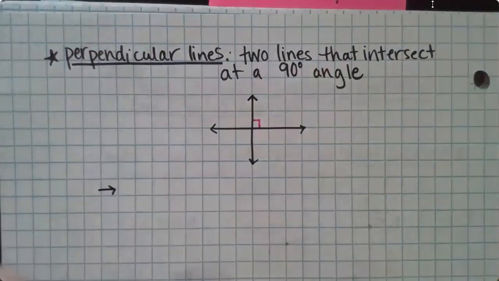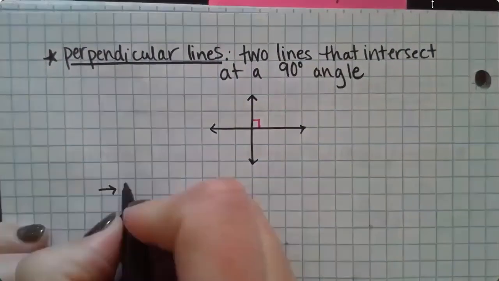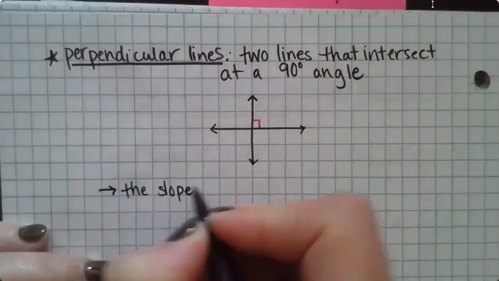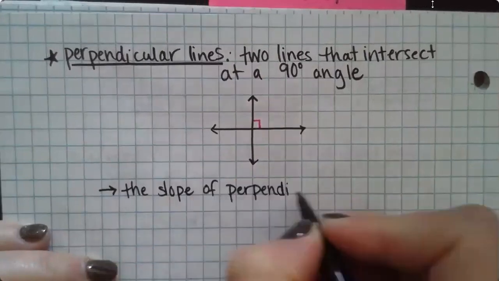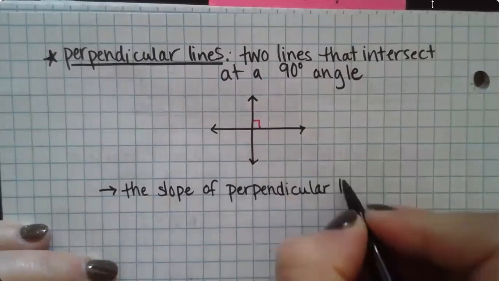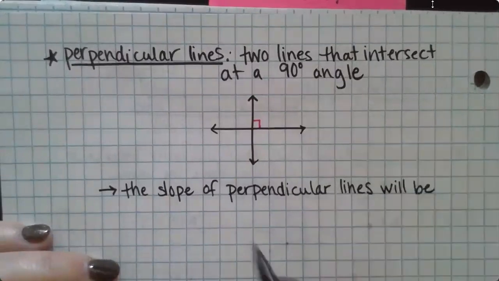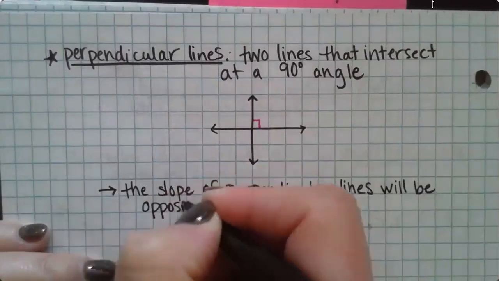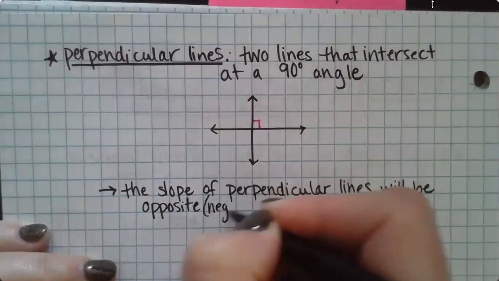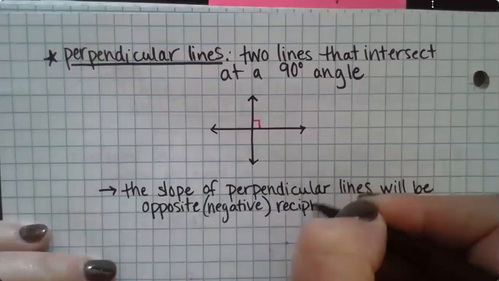Now, parallel lines had the exact same slope. So two lines that are parallel will have the exact same slopes. Perpendicular lines, so let's say the slopes of perpendicular lines will be opposite or negative reciprocals of one another.